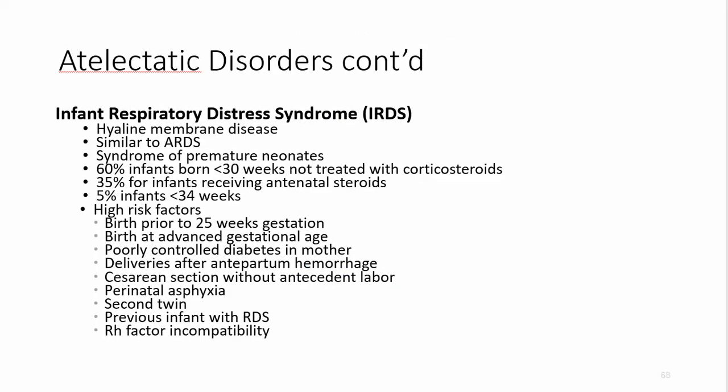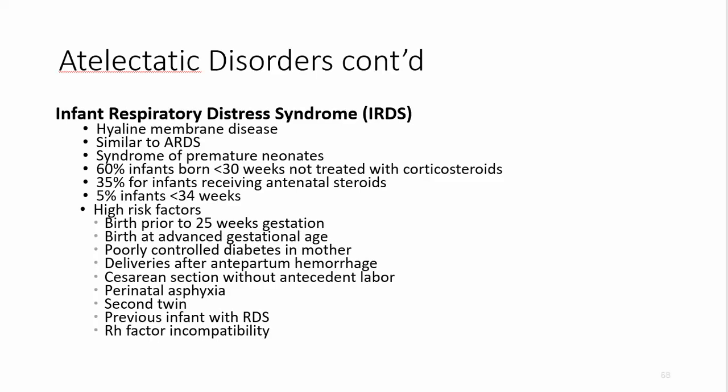Okay, so there's a similar thing that happens in infants, especially preemies. It's called IRDS, or infant respiratory distress syndrome. It's similar to ARDS, except obviously it's in infants. It used to be called hyaline membrane disease, and that's the name that I learned when I was in school, and it's the name that you will hear on the floors.